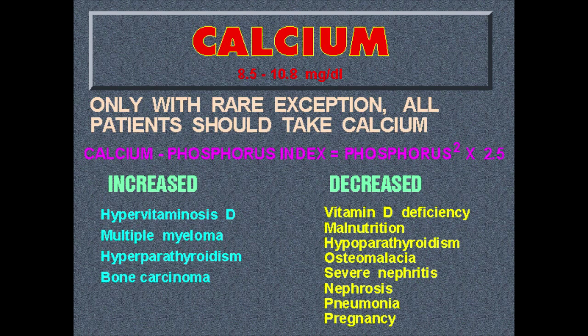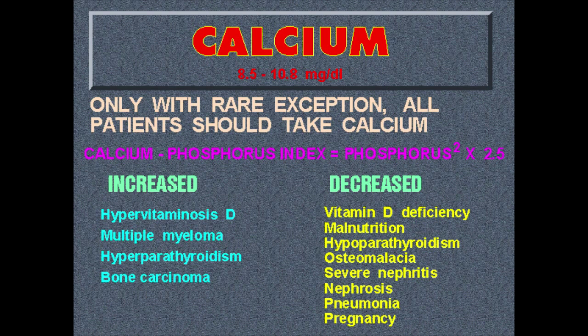A pathological increase in serum calcium can result from mobilizing calcium from bone, as seen in an excess intake of vitamin D, bone carcinoma, multiple myeloma, and in hyperparathyroid states. The most common cause for a decreased serum calcium is a lack of adequate vitamin D and calcium.